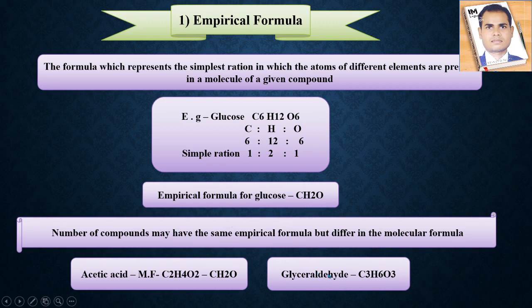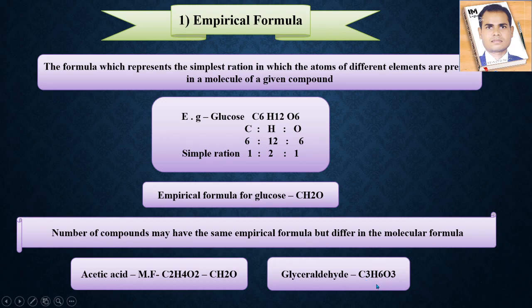And glyceraldehyde: how can you convert that molecular formula into the simple ratio, and after that get the empirical formula for glyceraldehyde? The carbon number will be 3, the hydrogen number will be 6, and the oxygen number will be 3. The common number is 3.